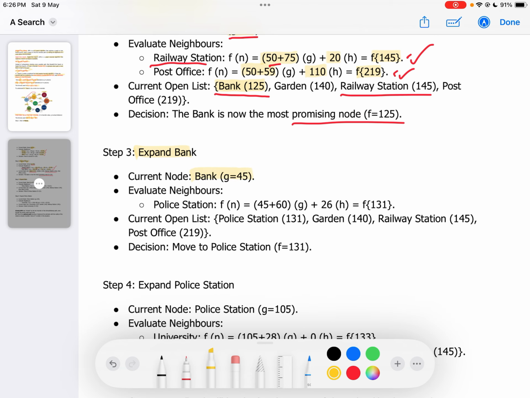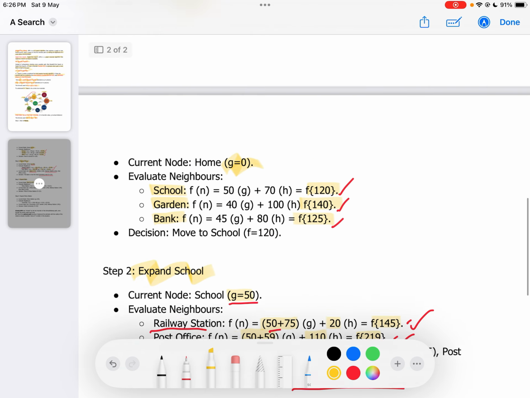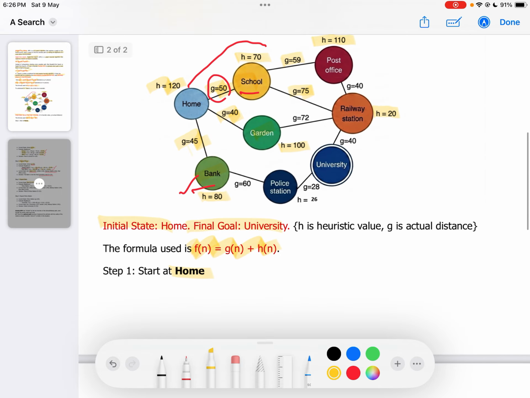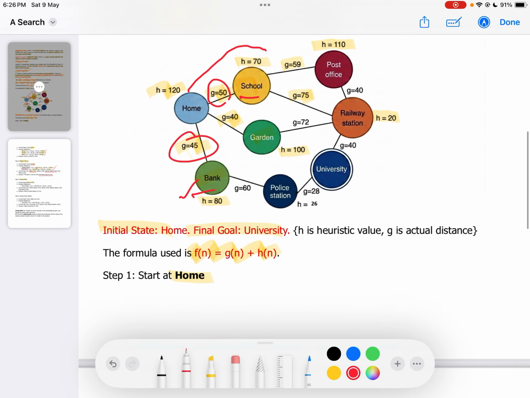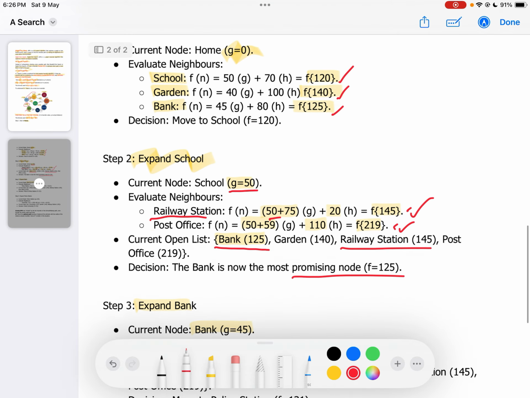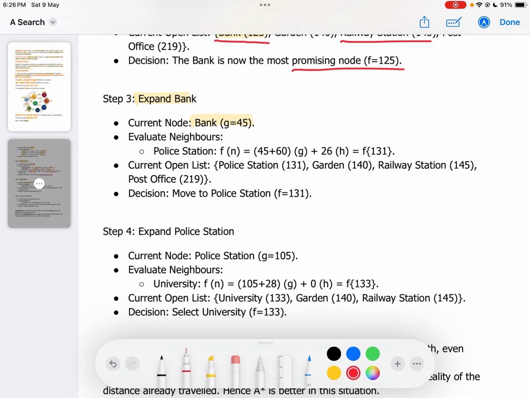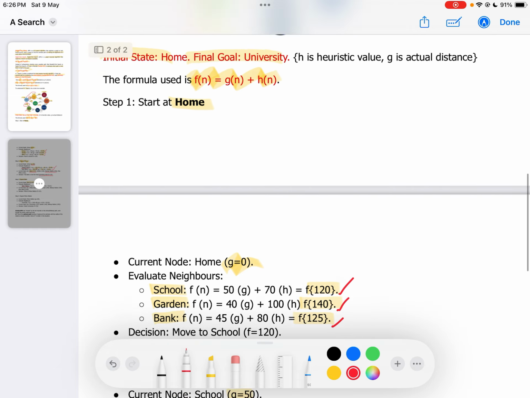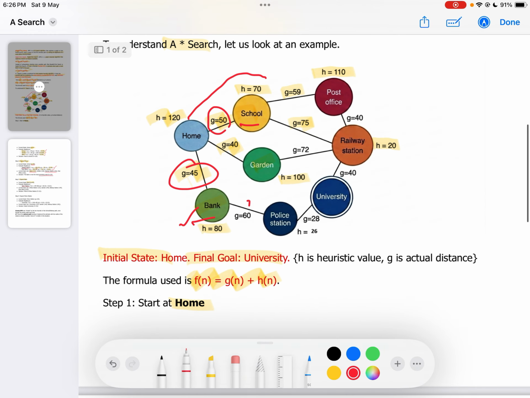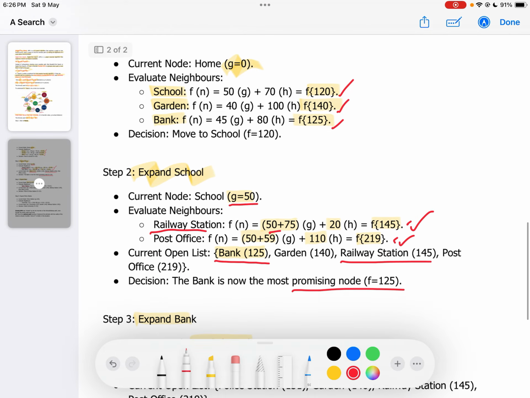So bank is 45. How do we get this 45? So this 45 is there. What are the neighbors of bank? Police station, which is 60. Where do we get this 60? Here we have 60, the actual distance, and the heuristic is 26.